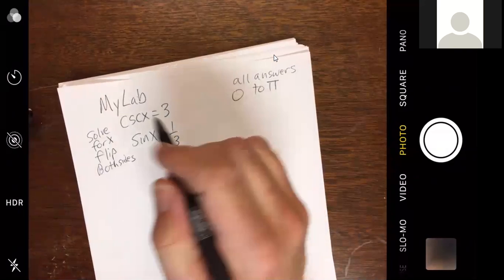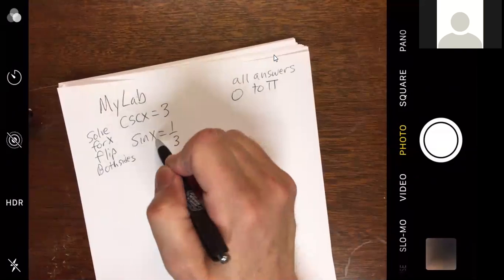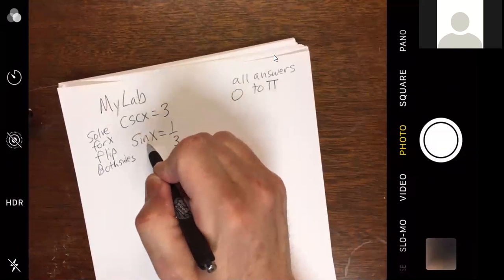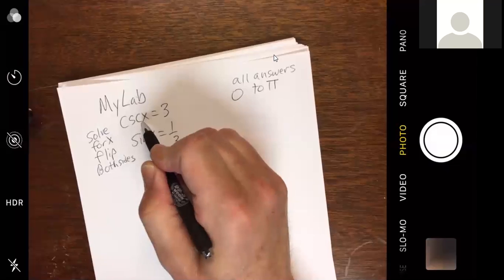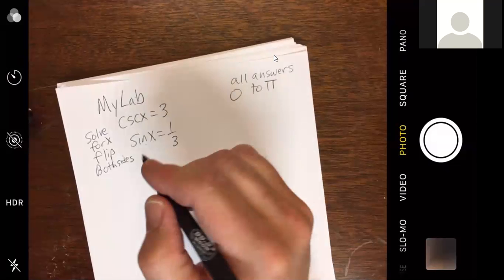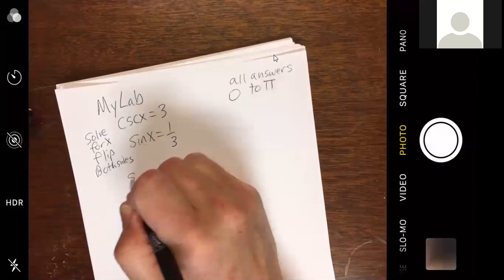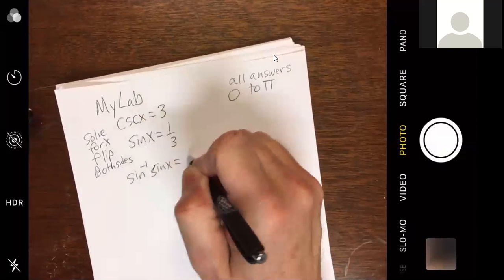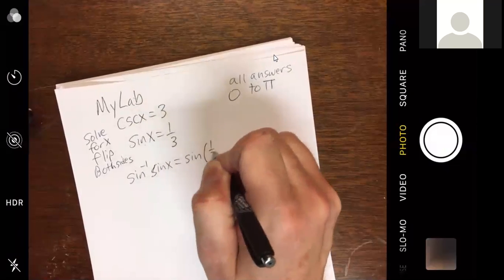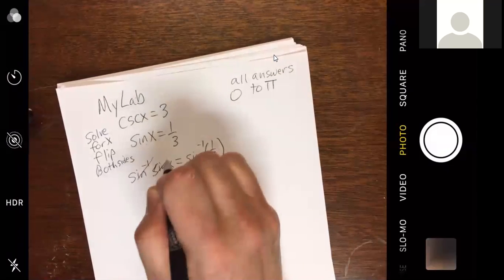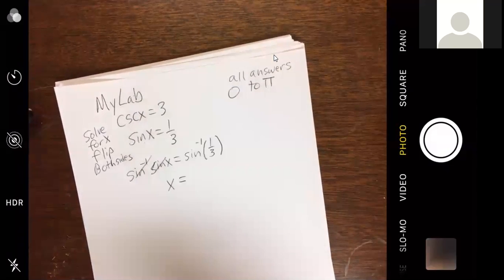Yeah, because ultimately to solve for x, you've got to undo this function, which means you need an arc sine. There is no arc cosecant. So we'll need arc sine, or inverse sine of x, is then inverse sine of 1/3. So that these cancel, leaving the x, and this will give us our first answer.